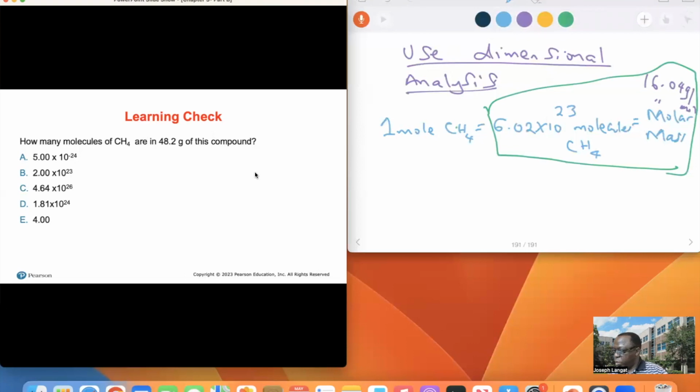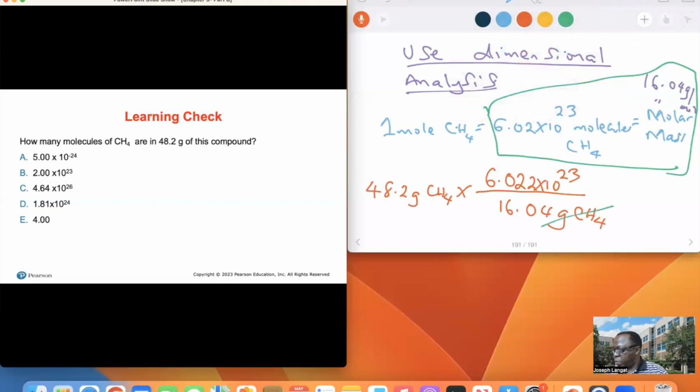So how are you going to set up? This is how you set up. 48.2 grams of CH4, times 6.022 times 10 raised to 23 over 16.04 grams of CH4.